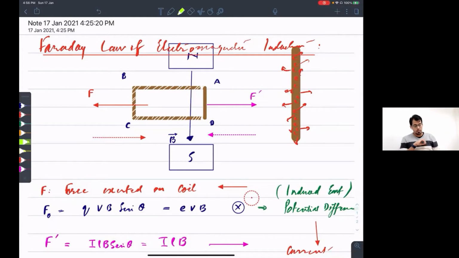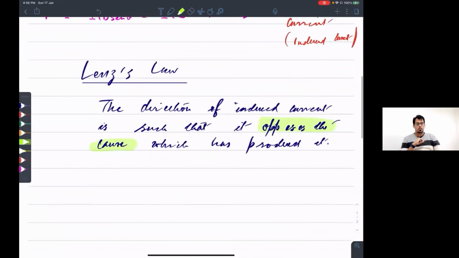What I was actually trying to explain is Lenz's law. If the cause of induced current is clockwise rotation of the coil, the induced current will cause this coil to rotate anti-clockwise. If the cause of induced current is the speeding up of the coil, the induced current will try to slow down the coil.